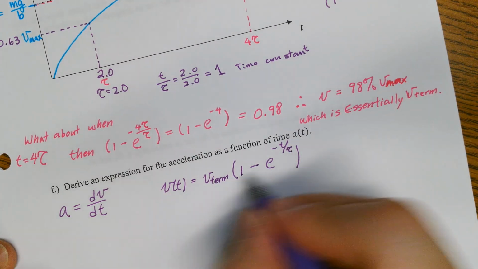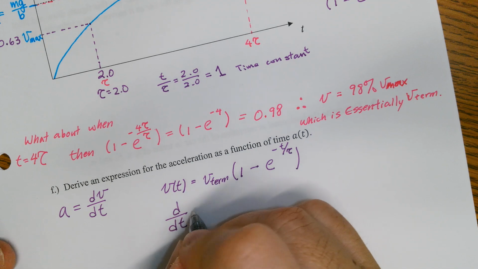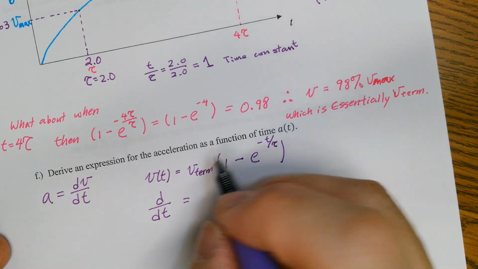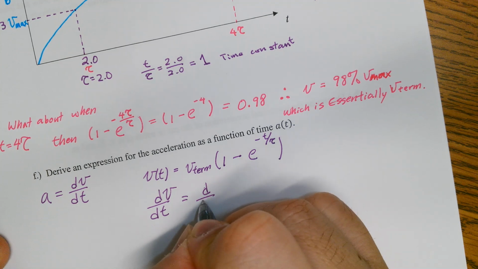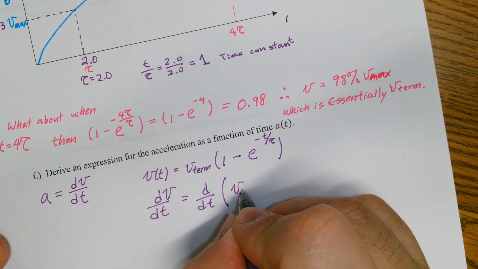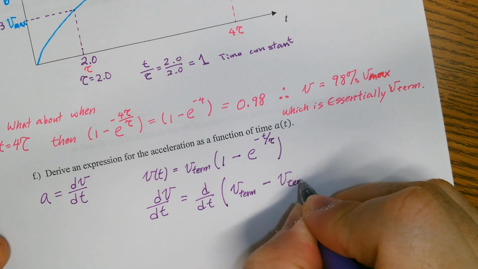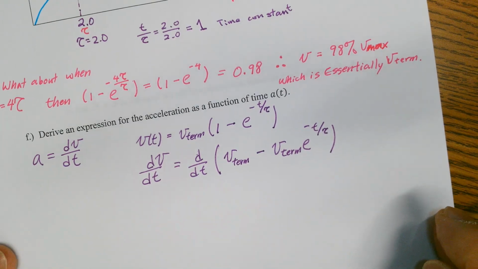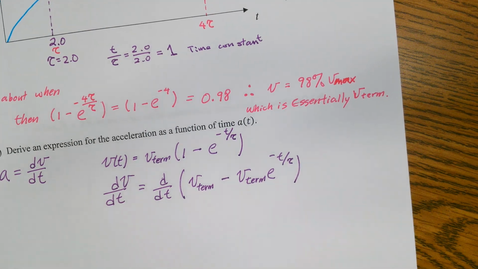If I take a derivative of this, basically, I'm going to distribute this through. That looks like e to the u.